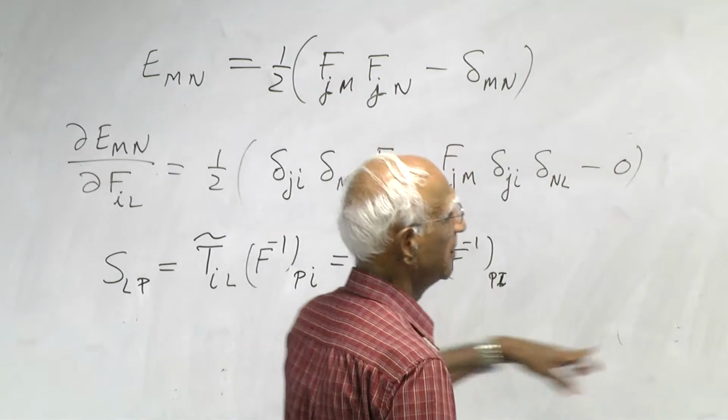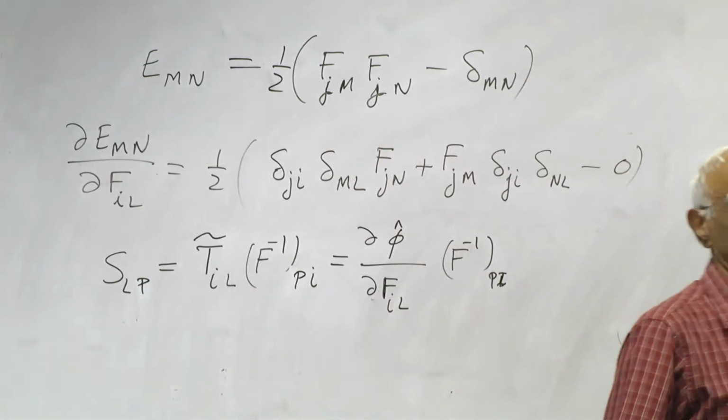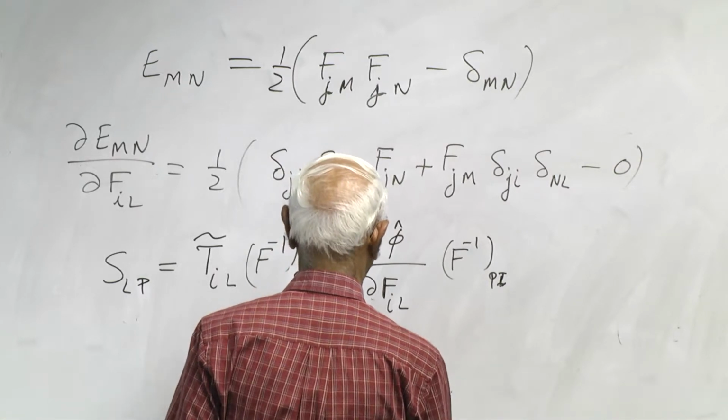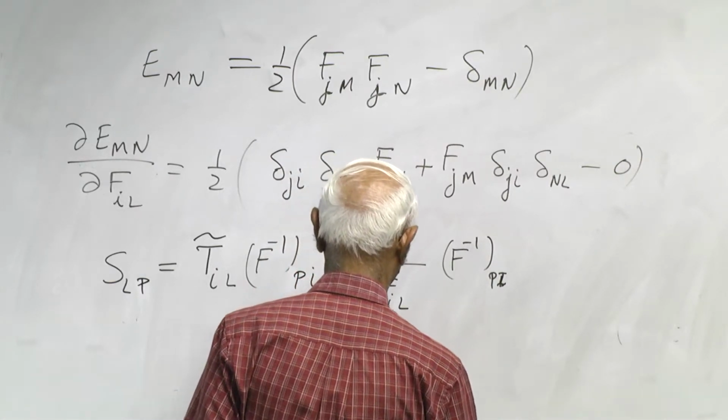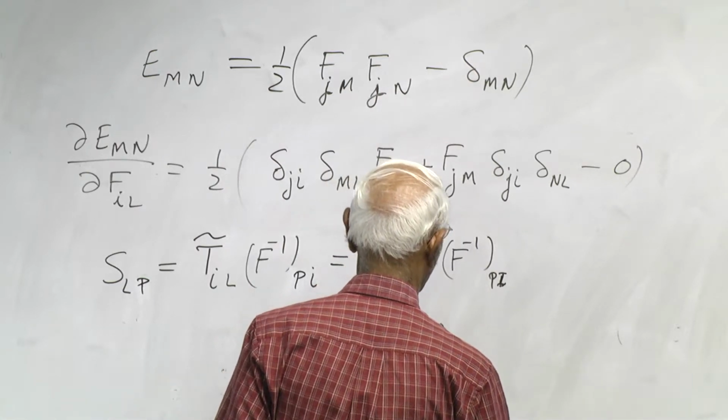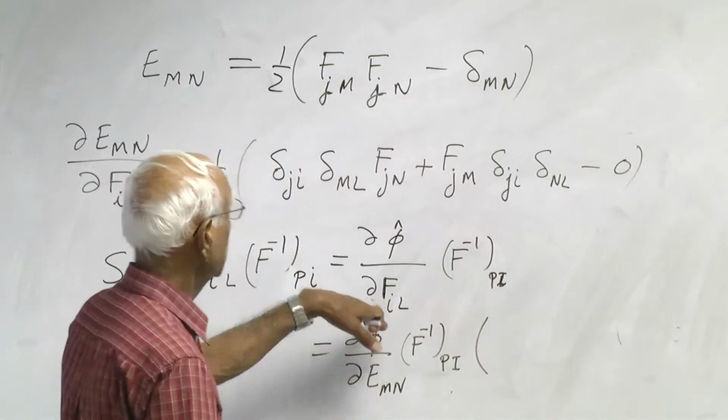and this one we are going to use here. So that's delta phi hat Mn, F inverse PI, and then Mn with respect to this.